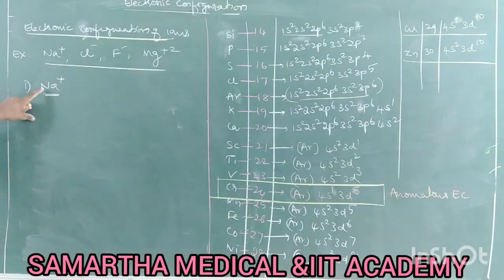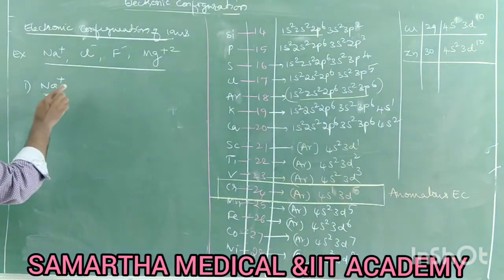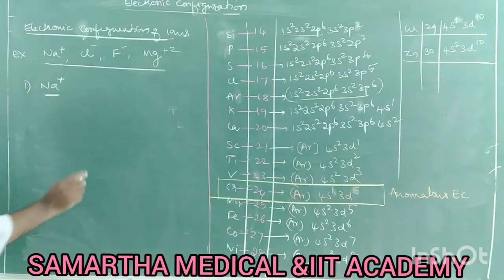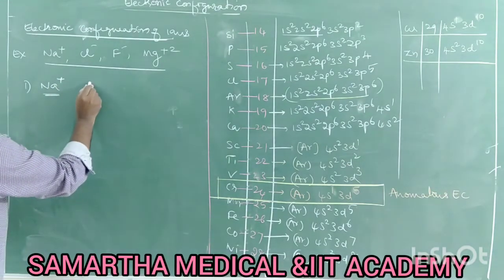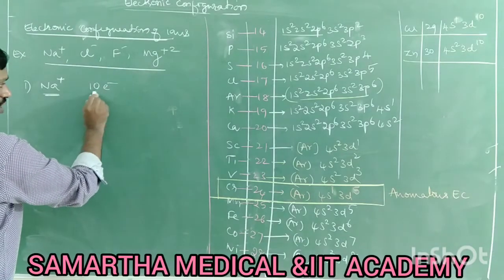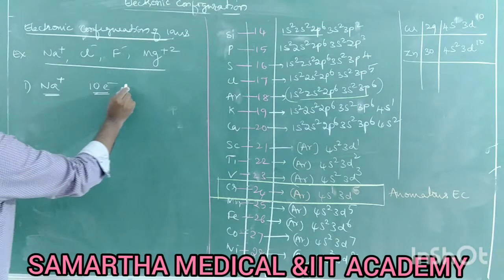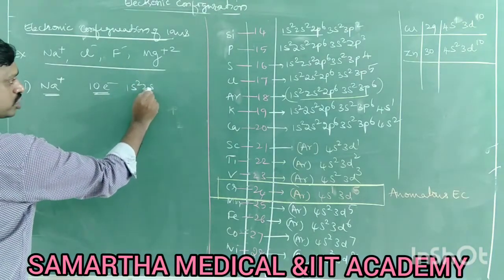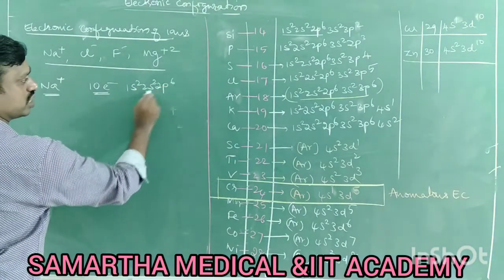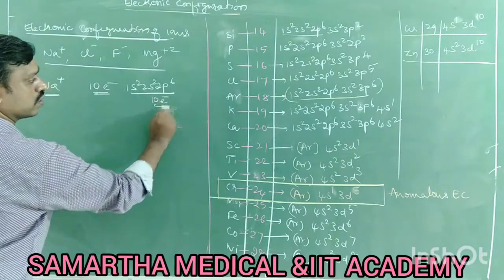We know sodium has atomic number 11, so the neutral atom has 11 electrons. But Na plus means it lost 1 electron, so it becomes 10 electrons. Therefore, its electronic configuration is 1s2, 2s2, 2p6.